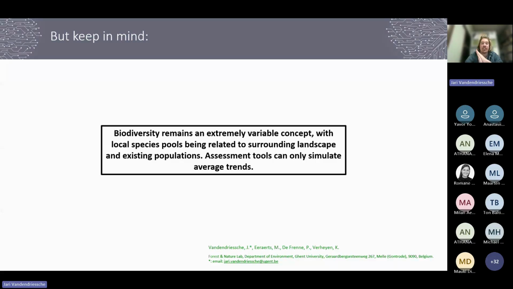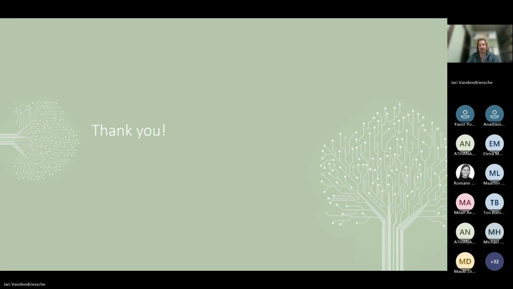So whatever you've seen here is really just the average. One particular site can respond quite differently. That's also what I've tried to show in the database. If you remember, the different studies respond quite diversely, and that's because it's very variable. So all we can try to simulate is the average trend, which in the case of agroforestry is quite positive. Thank you.